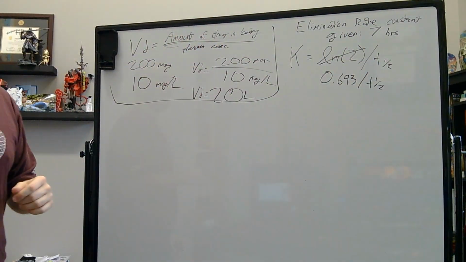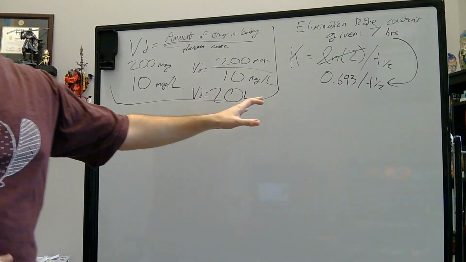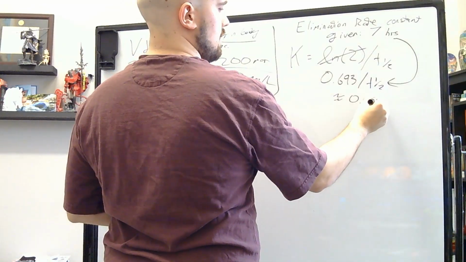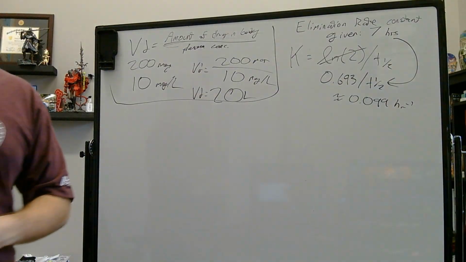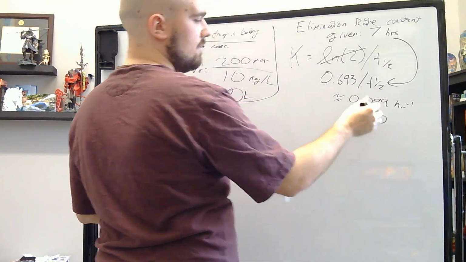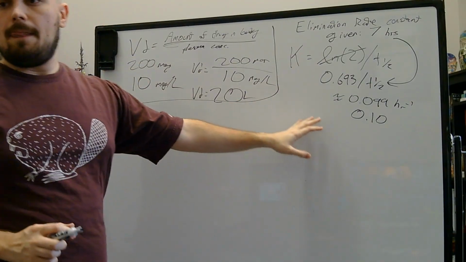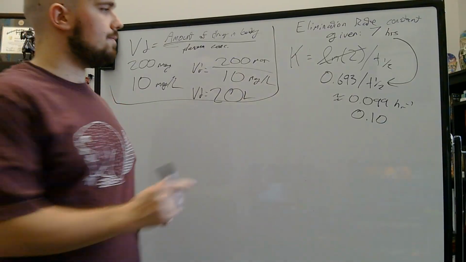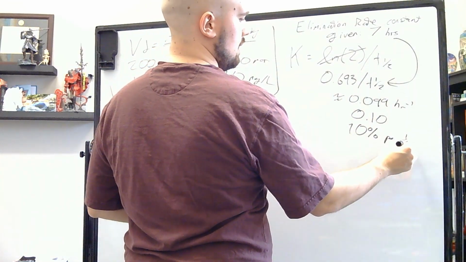Plugging 7 hours in, that comes out to roughly 0.099 per hour, which rounds to 0.10, which can be interpreted as about 10% of the drug eliminated per hour.